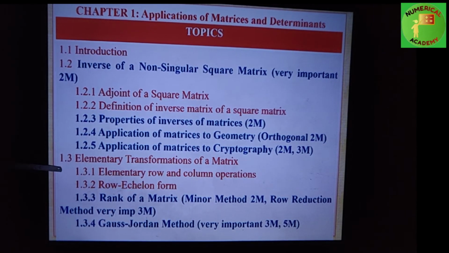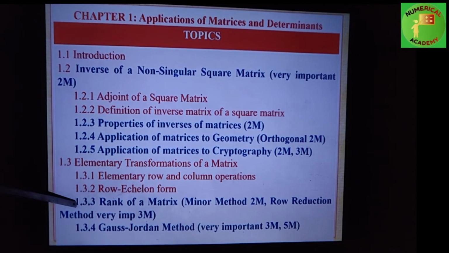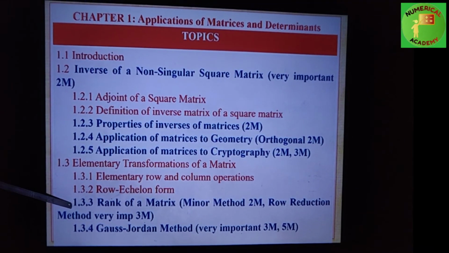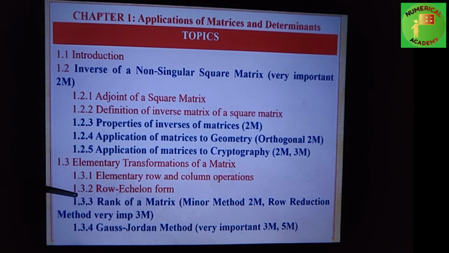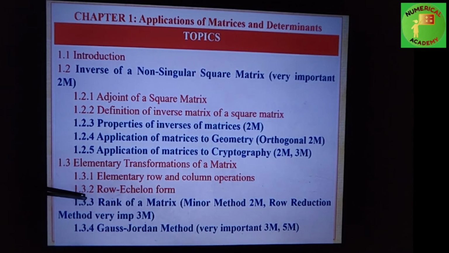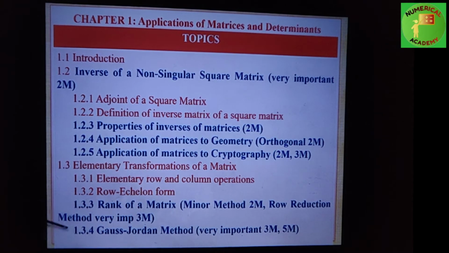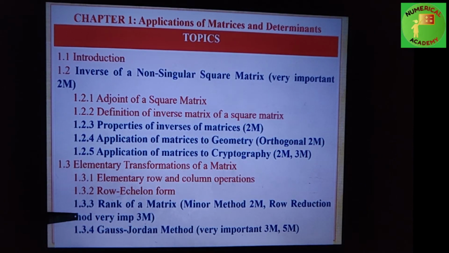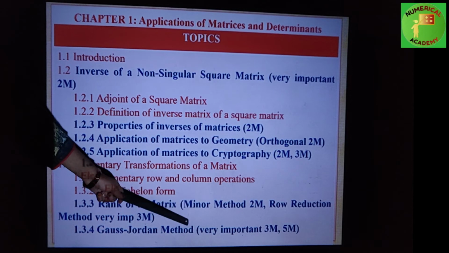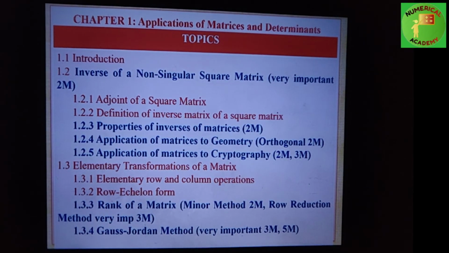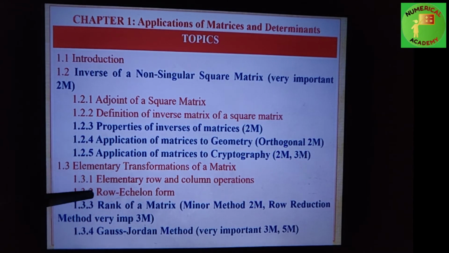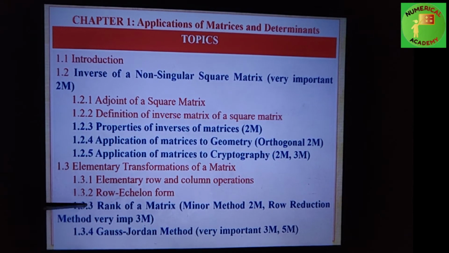Then in 1.3 you have to concentrate mainly on 1.3.3, the rank of a matrix. It is a very important topic in this chapter. In this topic, identifying the rank of the matrix using the minor method and using the row reduction method is very important for 2 marks as well as 3 marks.